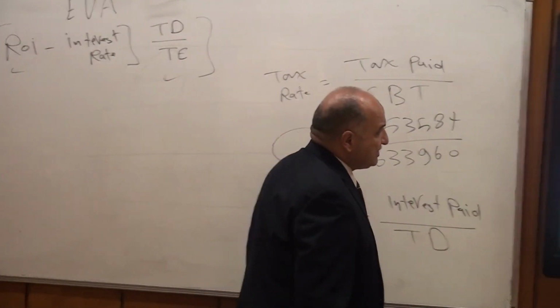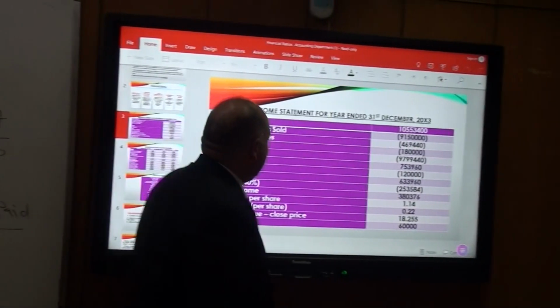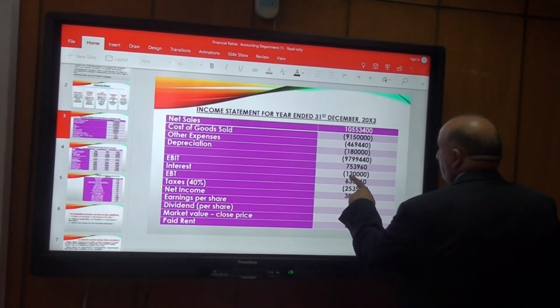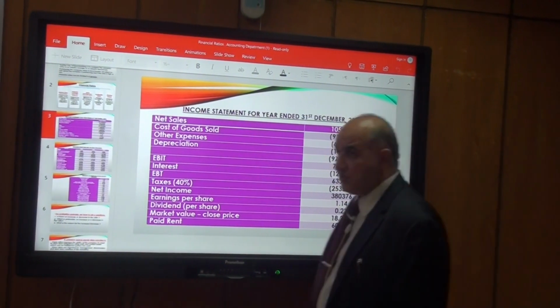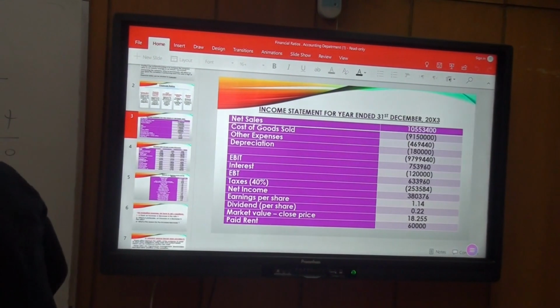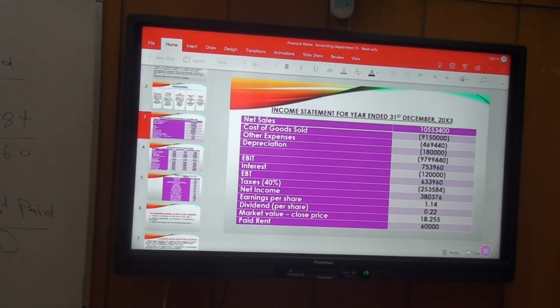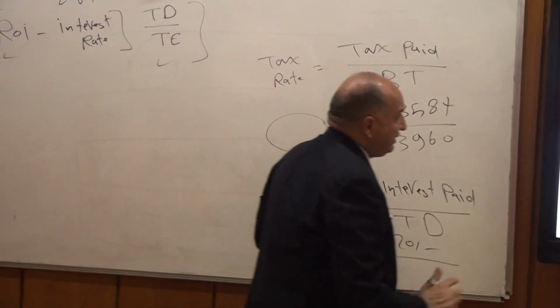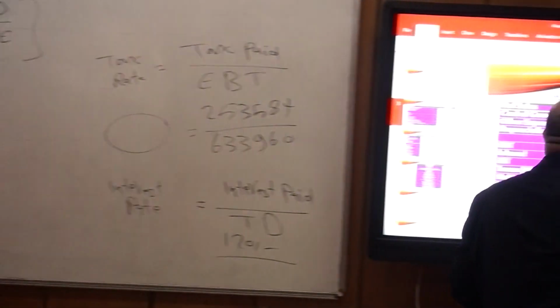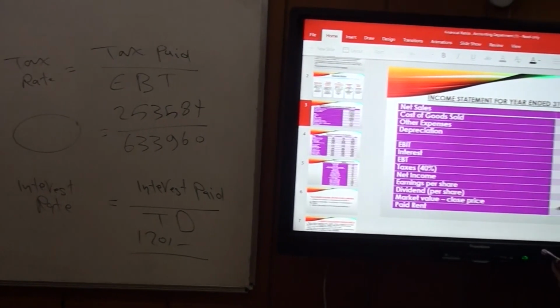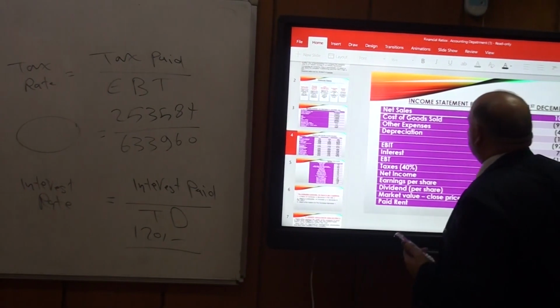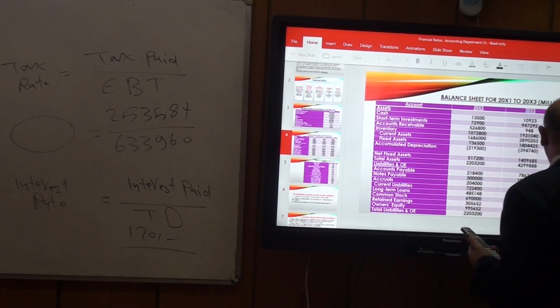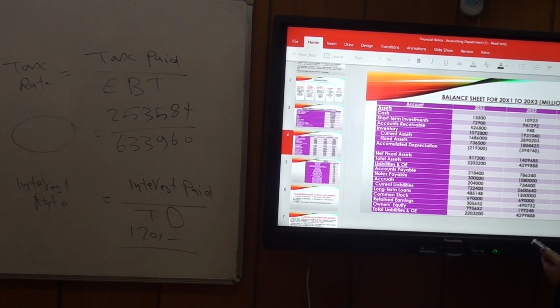In our example, the interest paid is 120,000 divided by the total debt. Remember, the total debt we have to get from the balance sheet.